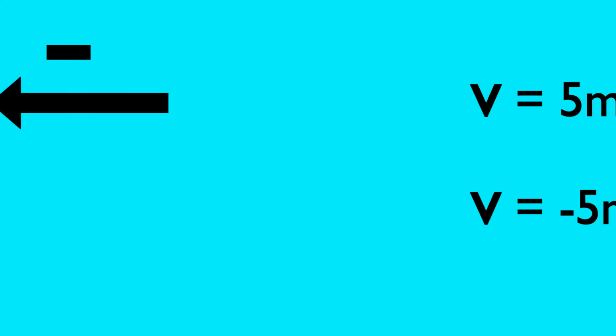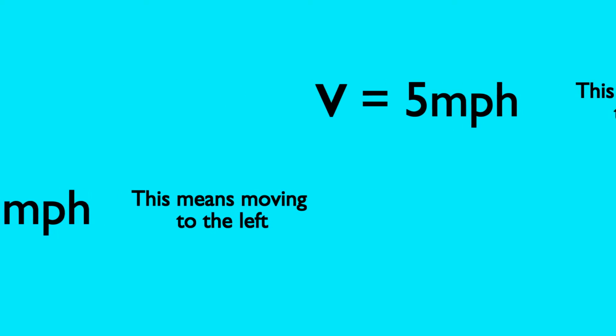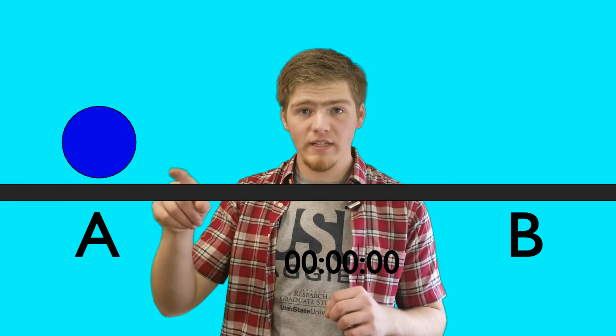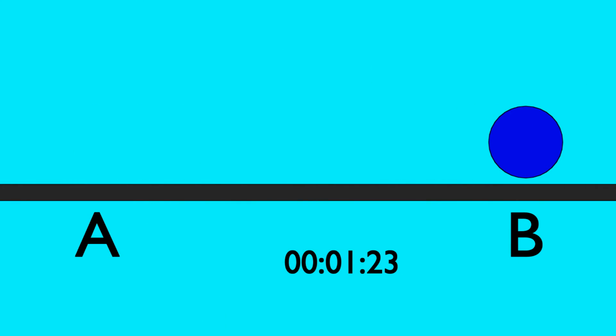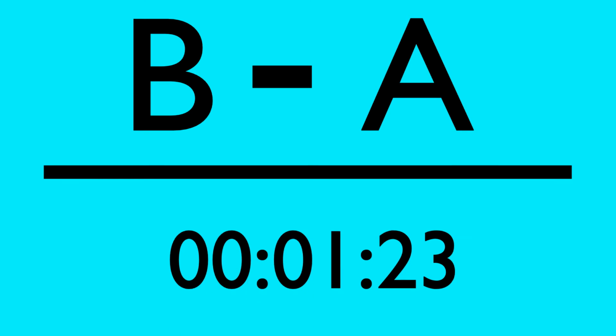But for now, we're only interested in one dimension. So we'll define moving to the right as positive and moving to the left as negative. This means that the direction is automatically included. Whether this number is positive or negative tells you which way it's going. That means if you want to know the average velocity of an object that's moved from point A to point B along a line in a certain amount of time, you take the distance traveled and divide by the time it took.